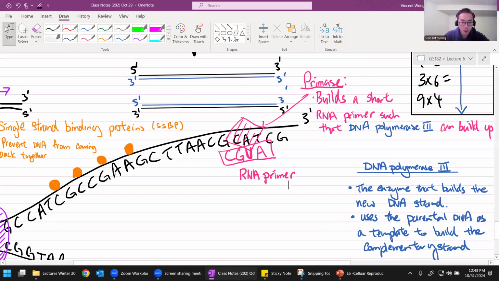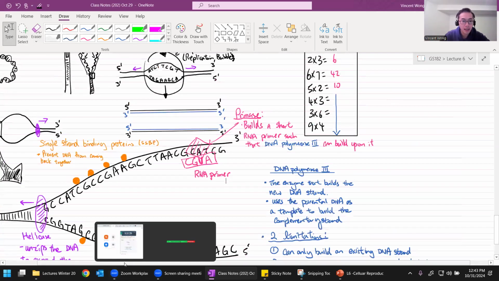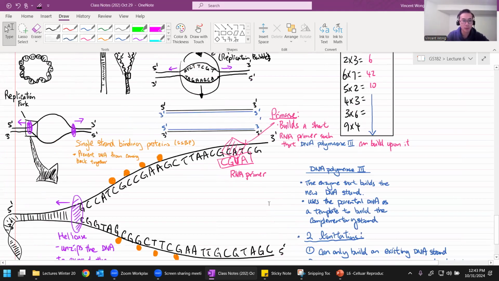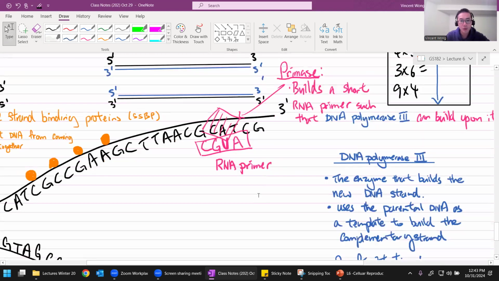And of course, you should know by now that DNA has direction associated with it. So this black strand at the top is 5 prime to 3 prime. So I want to ask you, the primer, which also would have direction, what number should I put over here? Should I put A, 5 prime, or B, 3 prime?